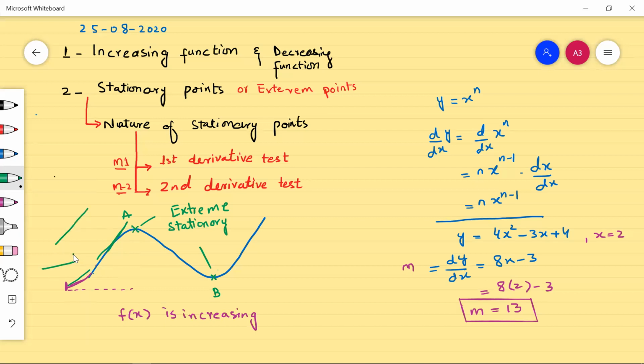I told you earlier that if the line is like this in the first quadrant, then the tangent or slope is always positive. If you draw a line perpendicular to the y-axis, it would become infinity. And when it moves backward, the tangent becomes negative, or the slope becomes negative.